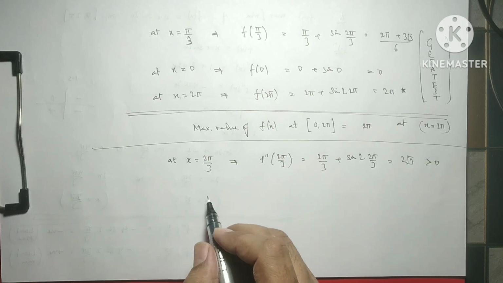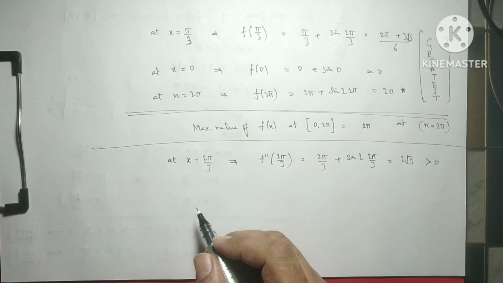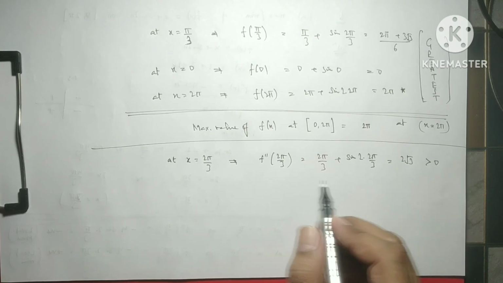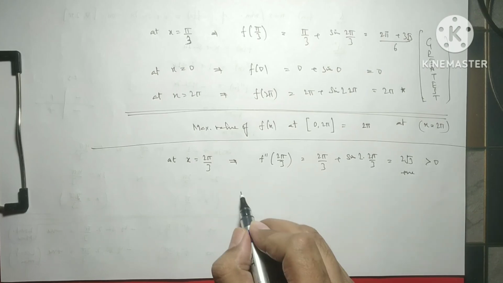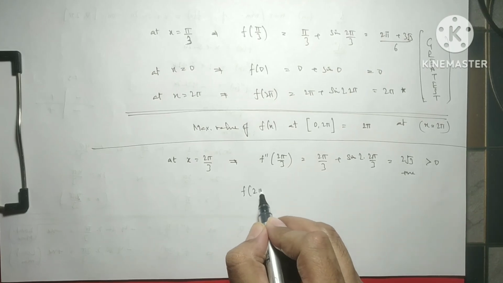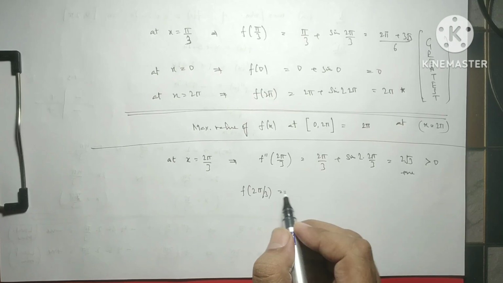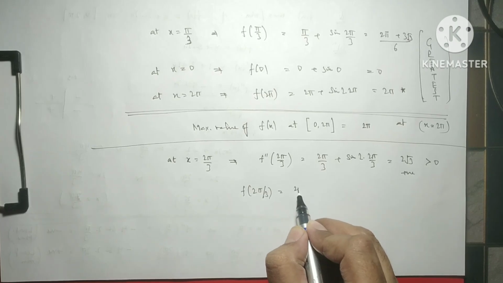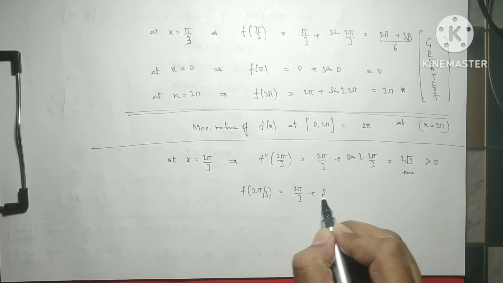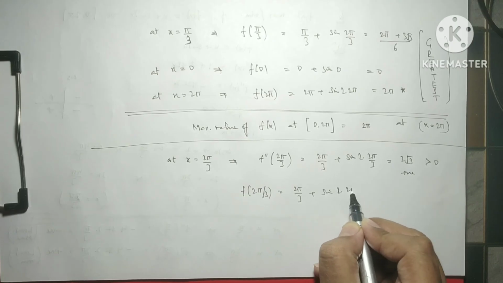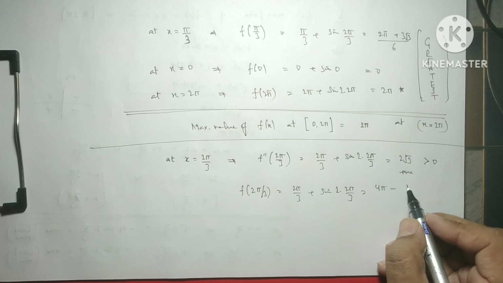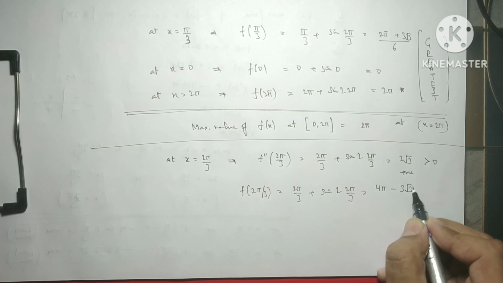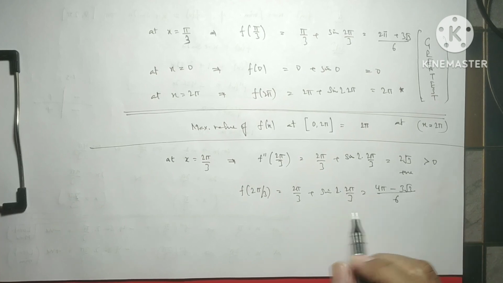It is positive, so f of 2 pi by 3 is 2 pi by 3 plus sine twice of 2 pi by 3, that is 4 pi minus 3 root 3 over 6.